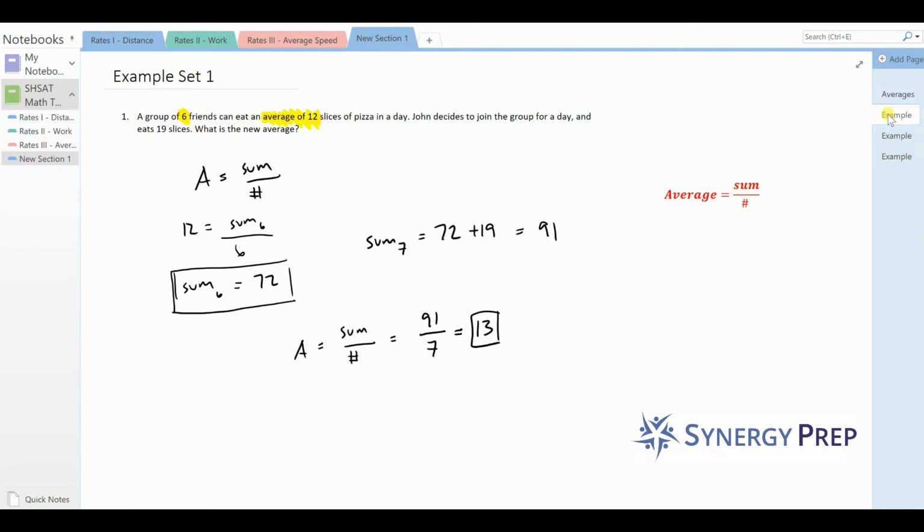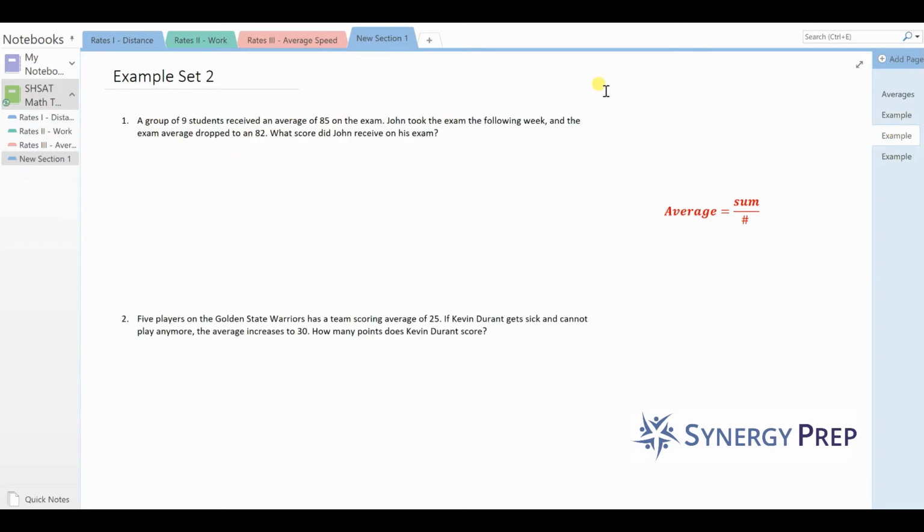Now let's look at a couple more examples. So this time around, we're actually going to be given the original average and the new average, and we have to find what the score or the number is for the new person, right? So a group of 9 students receive an average of 85. John takes the exam and the average drops to an 82, right?